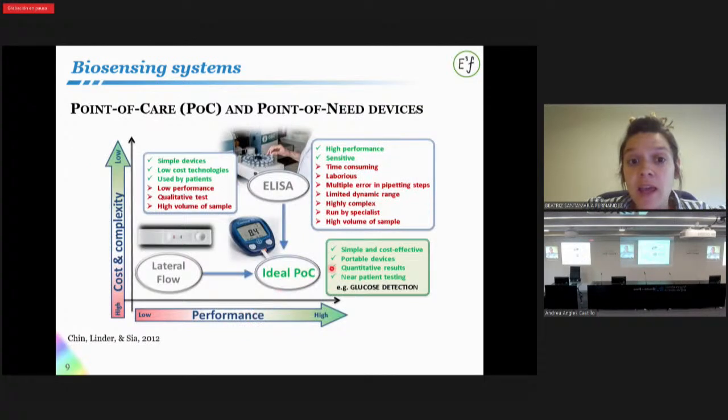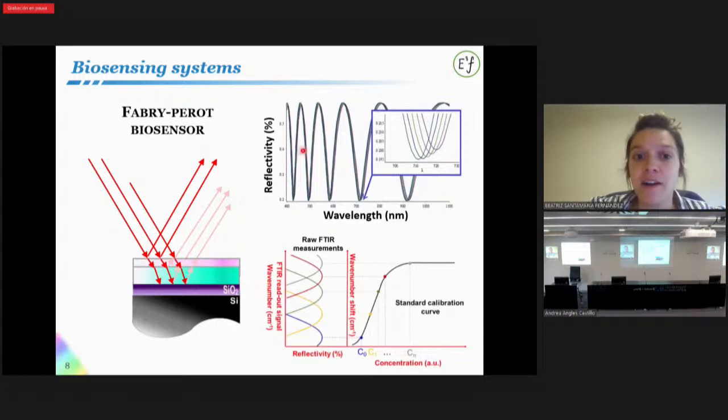And what are we looking for now? Usually, biosensors are accompanied by point-of-care devices. The Fourier transform interferometer that I mentioned is not a point-of-care device. As you might know, it's a huge instrument that needs a very stable environment, needs to be inside a lab with specialized optical tables, no vibration, and the spectra that you obtain are of this kind.